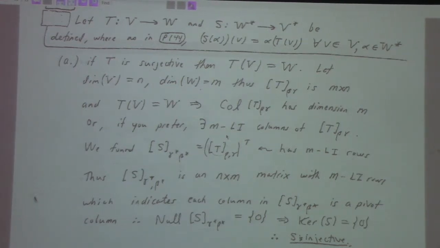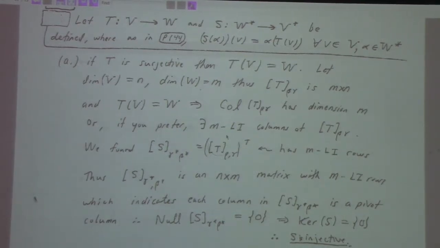So the column space of the matrix for the transformation has to have dimension m, which is the dimension of W. That suggests that there are m linearly independent columns, which means that the transpose has m linearly independent rows, which is to say that the matrix for the transpose is an n by m matrix with m linearly independent rows. What does that say? That says it has no row of zeros, I think.